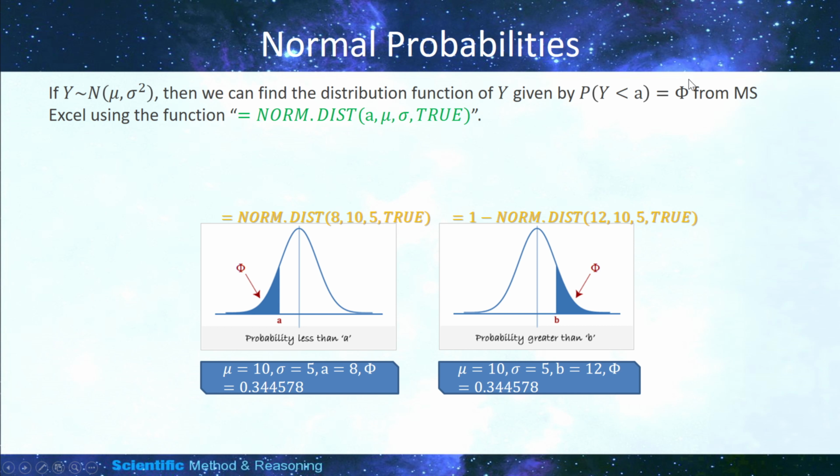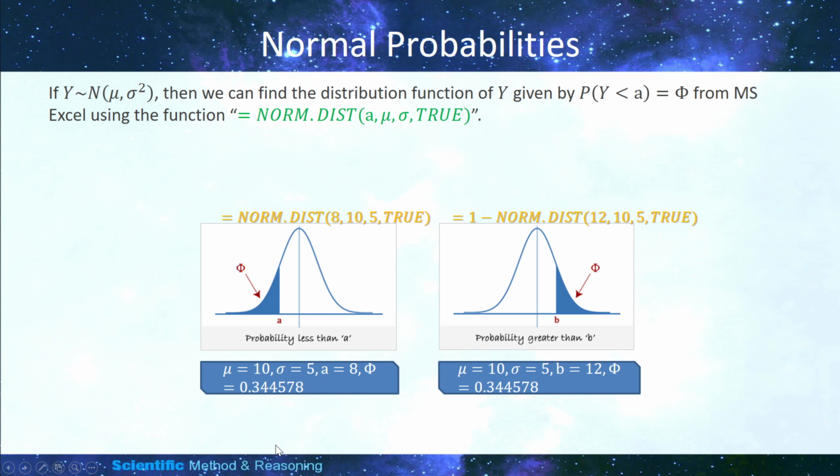We can use Microsoft Excel with the function equals norm.dist, and we simply input the quantity a as the first entry, the mean as the second, and the standard deviation as the third, and we type the logical argument to be true, which will give you the distribution function.